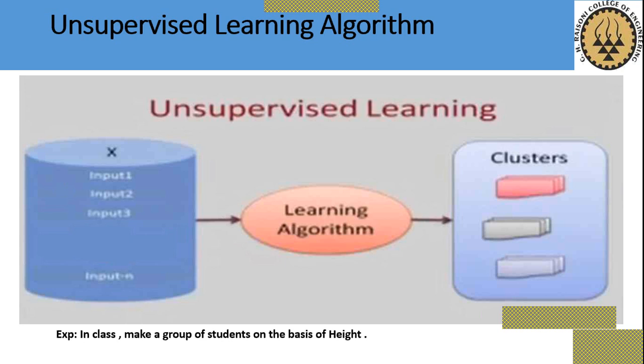The input 1 is nothing but the height of student 1, that is 5.2, 5.5, 6.2, 6.1, 4.9, and so on. This input data is given to the learning algorithm, and the unsupervised learning algorithm then makes clusters. It may be 2, it may be 3, it may be n clusters, and it categorizes the data into the different clusters.